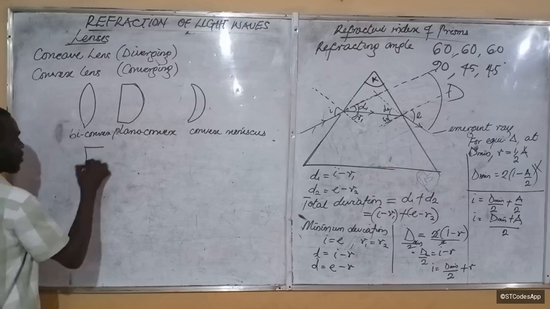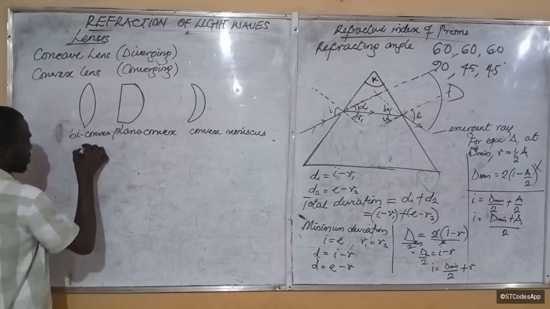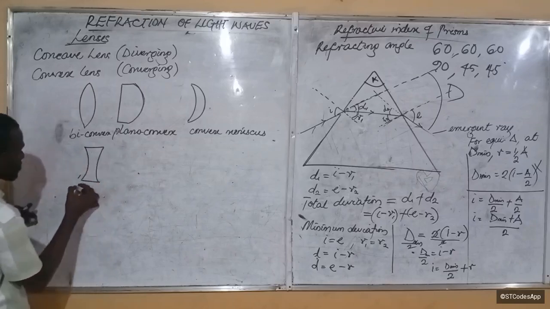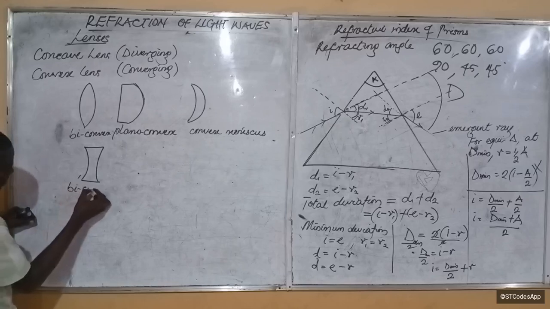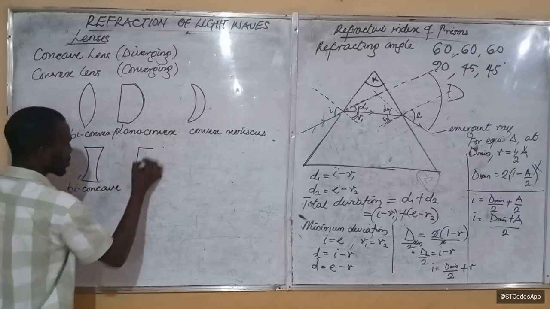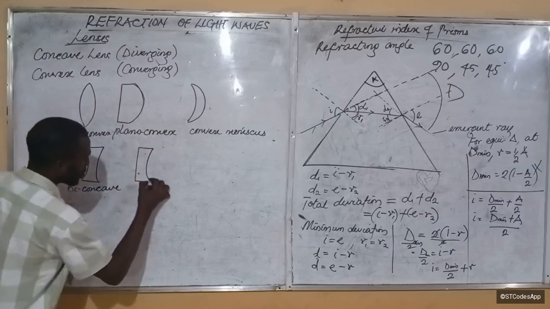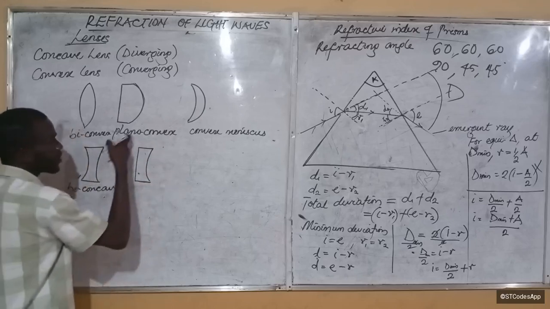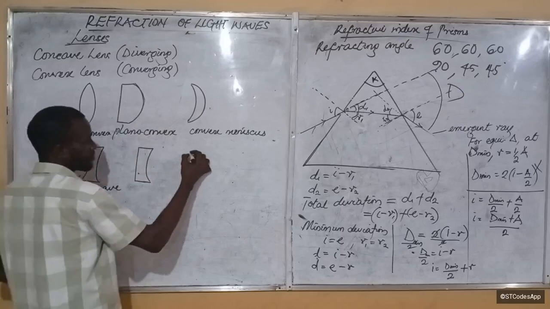This is going to be called biconcave. Then this one will be called a plane and a concave, right? That will be plano-concave. Then we now have something like this.